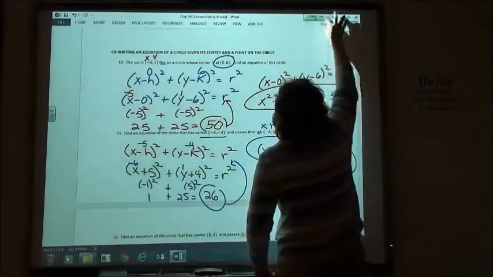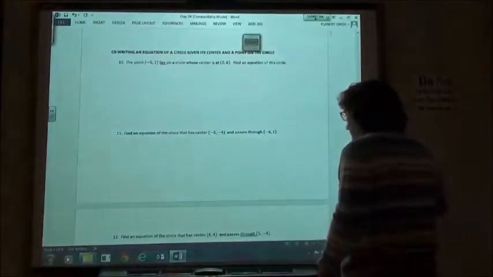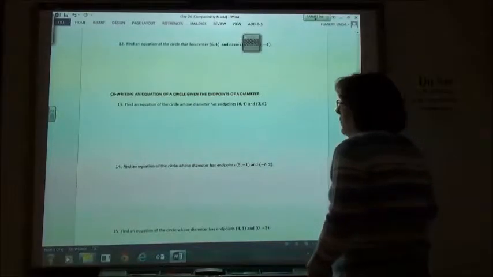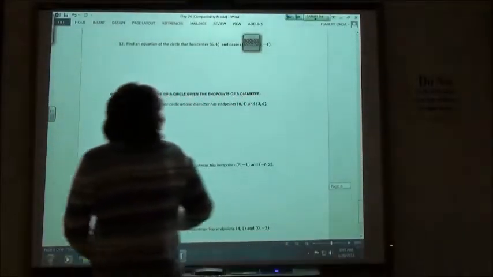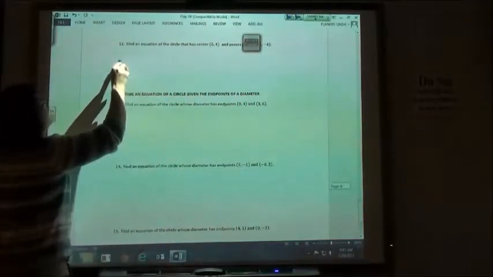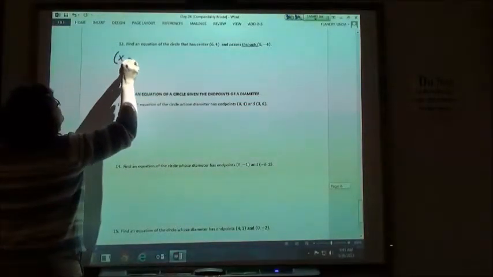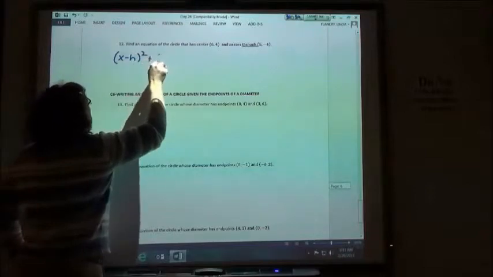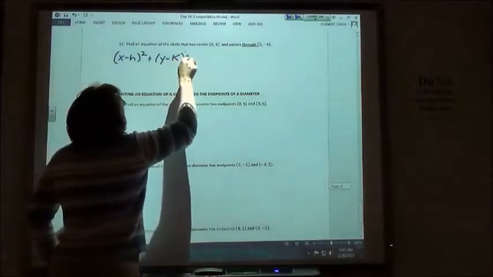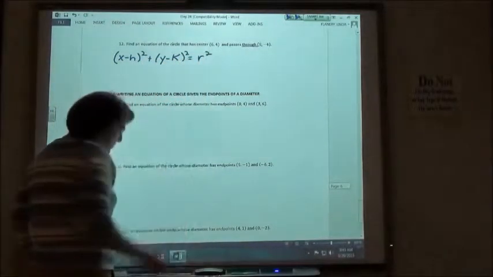All right, number 12. Looks like we could have used a little more writing space, but we're going to start. We have our equation for our circle: (x minus h) squared plus (y minus k) squared equals r squared.